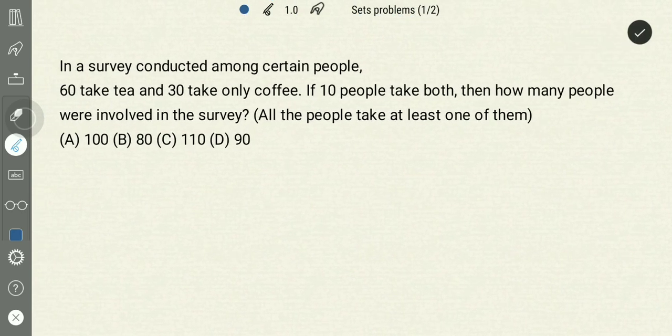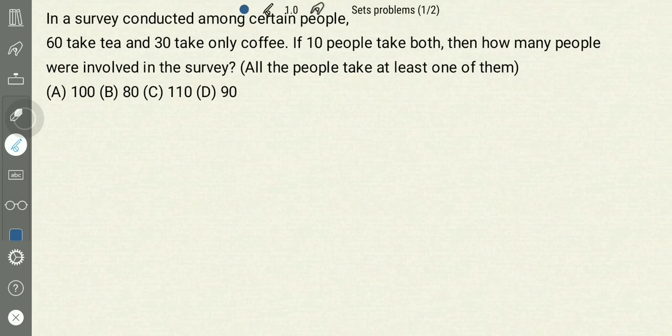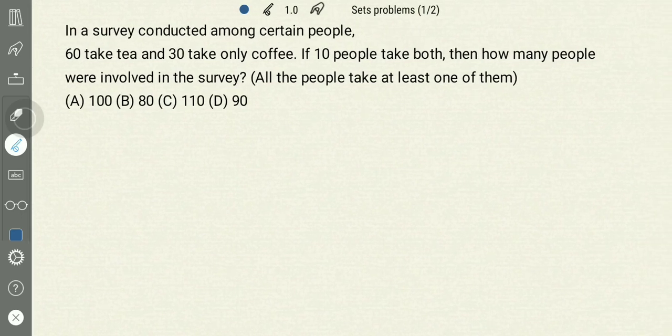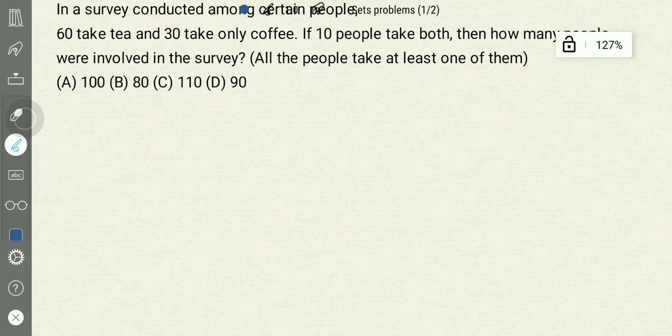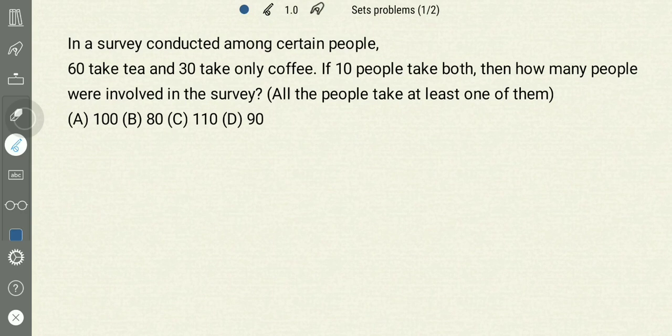In a survey conducted among certain people, 60 take tea, 30 take only coffee. If 10 people take both, then how many were involved in the survey? Any problem in this topic can be solved using Venn diagrams. So let us solve all the problems using only Venn diagrams. It will be easy for us to solve. So what is it saying?